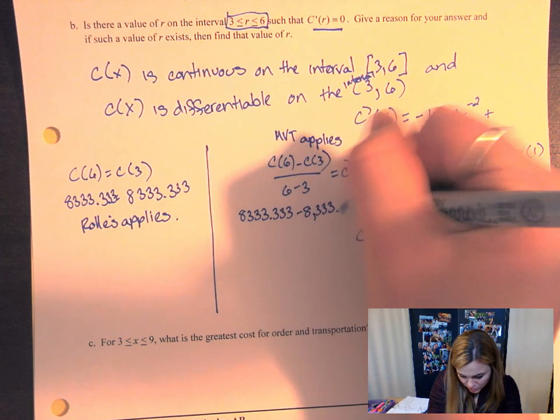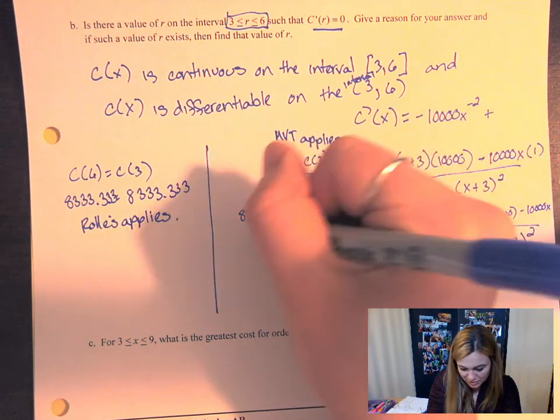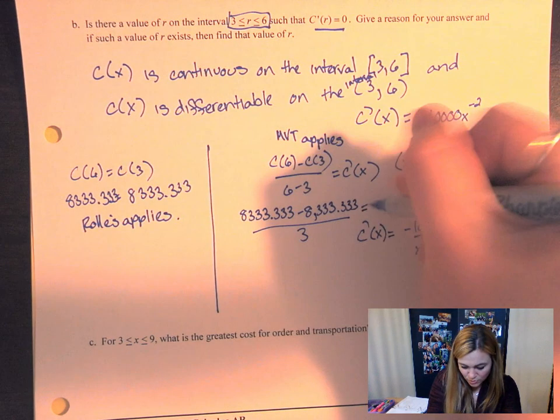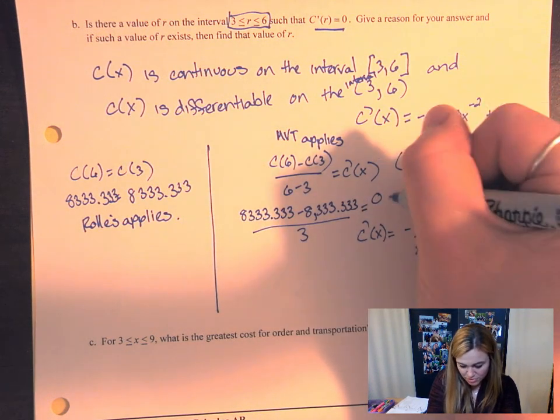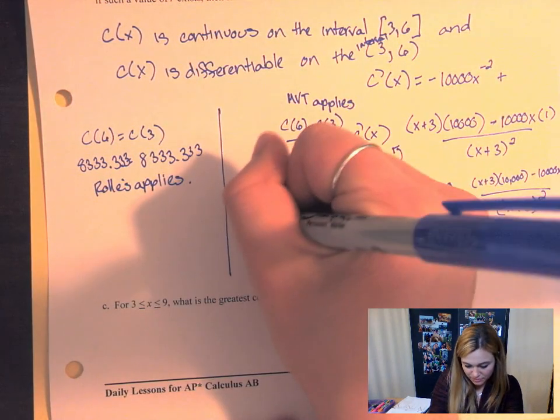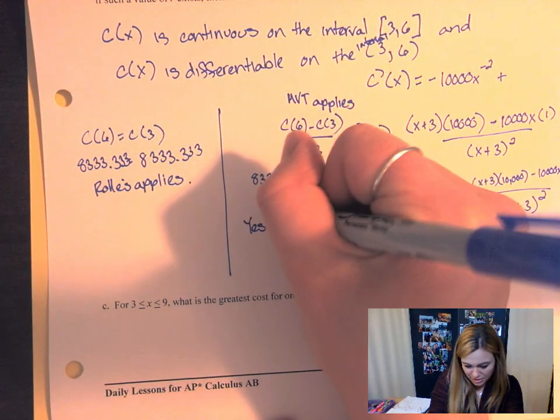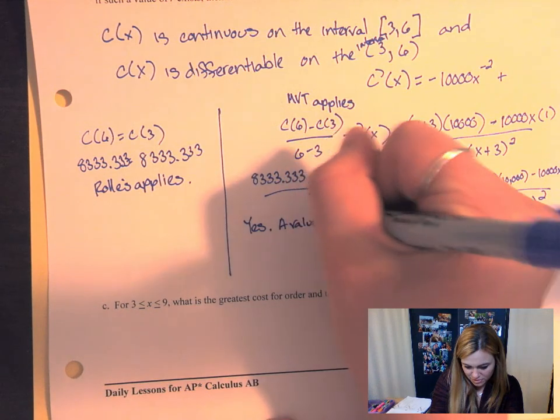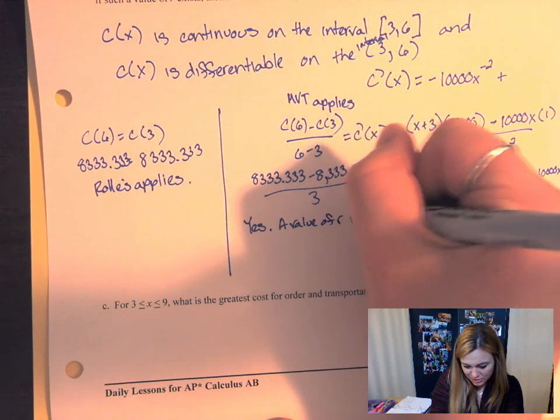I'm going to do this, 0.333. I accidentally put that equals 0. So yes, a value of r is guaranteed.